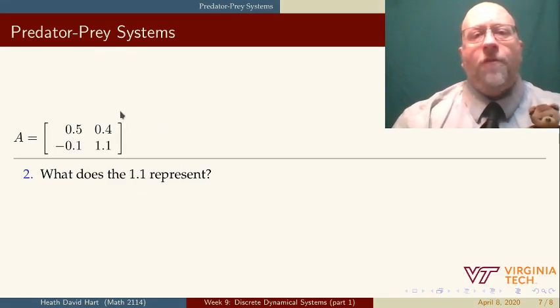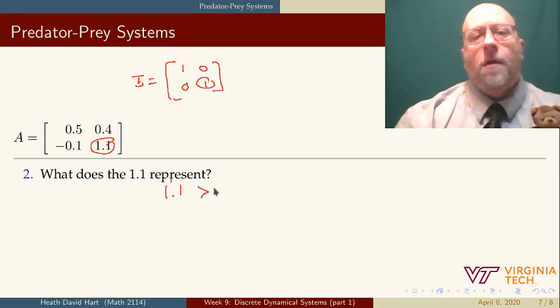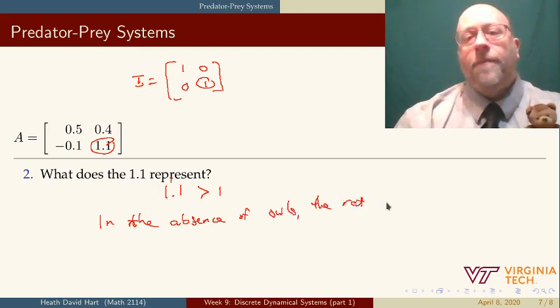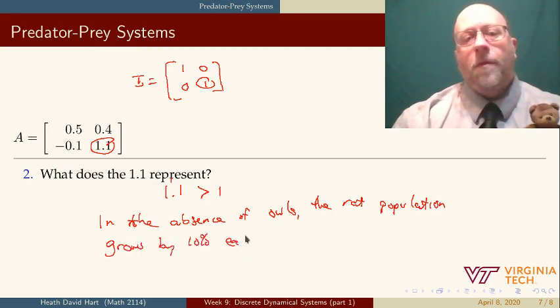What does the 1.1 represent? Because 1.1 is larger than 1, what this says is that in the absence of owls, the rat population grows by 10% each month.